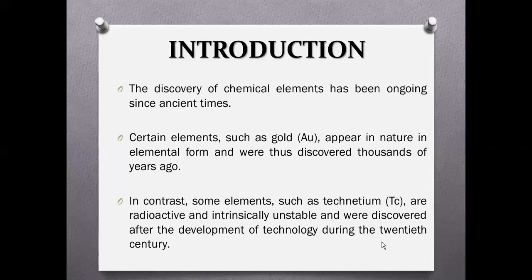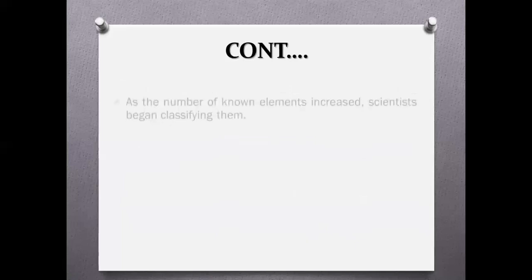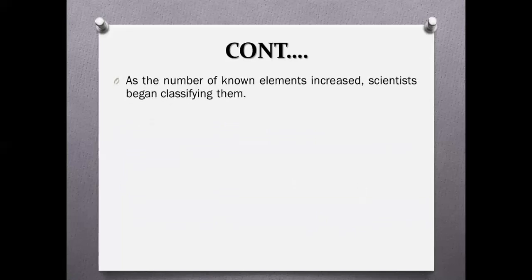So then what happened? As the number of known elements increased, from your ancient time the number of elements discovered by scientists kept increasing, and scientists began to classify them.